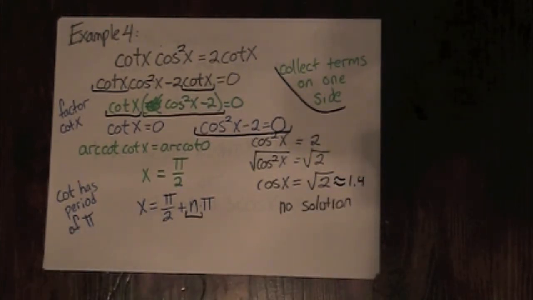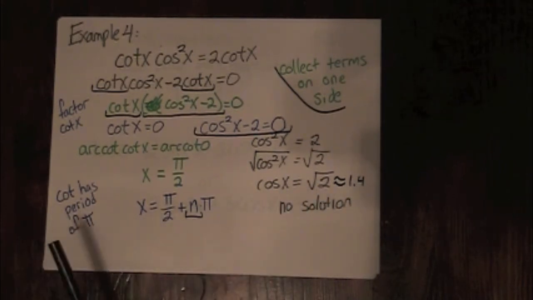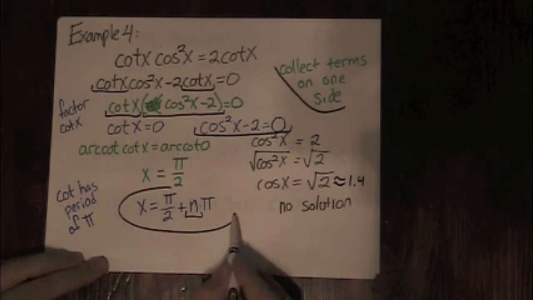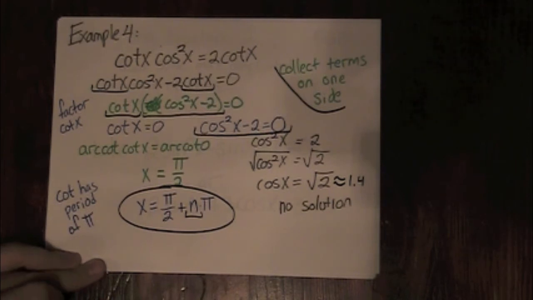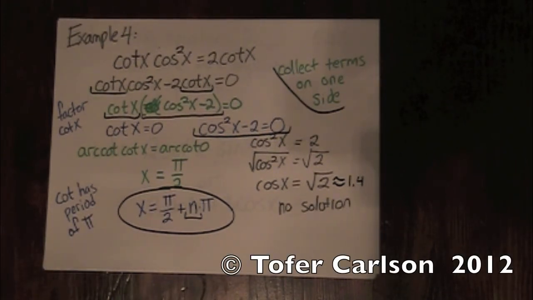We know that cosine as a function has a range between -1 and +1. 1.4 is out of that range, which means that we're not going to get a solution for this. So the only valid solution we have for our general solution is x equals pi over 2 plus n times pi.